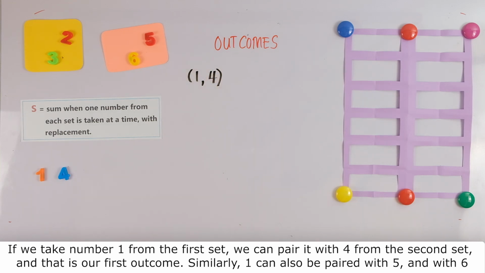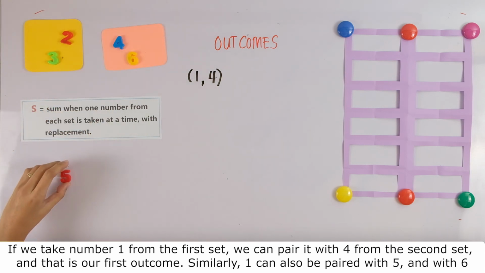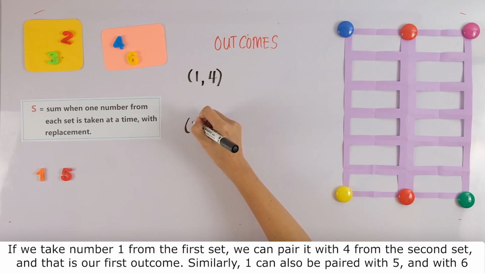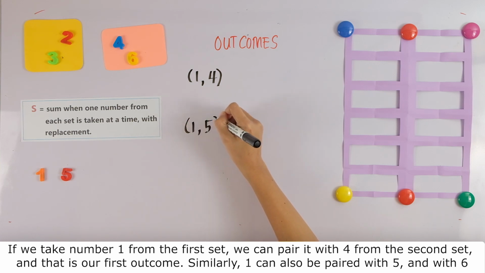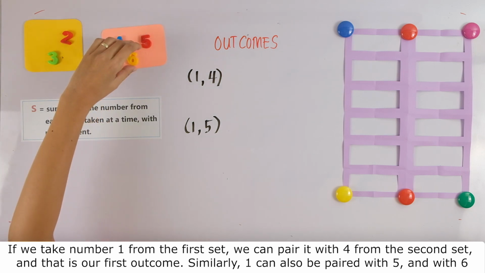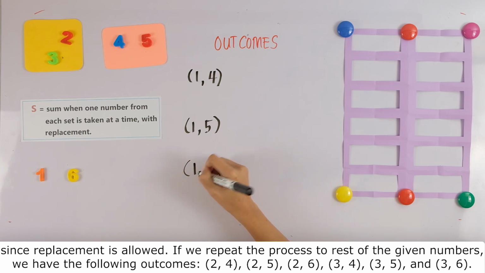Similarly, 1 can also be paired with 5, giving us our second outcome, which is 1 and 5. Also, 1 can be paired with 6, and that is our third outcome.